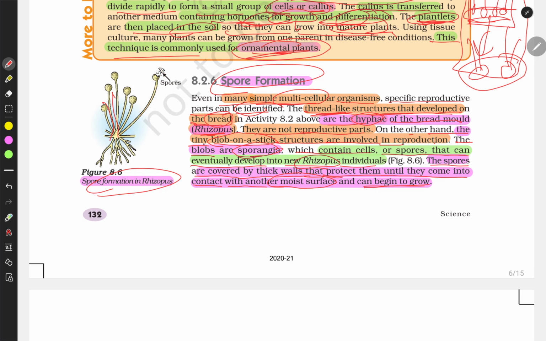When it gets in contact with moisture, it bursts, and small spores spread out, and these spores again generate new individual Rhizopus. And this is how the bread mold spreads in the moisture.